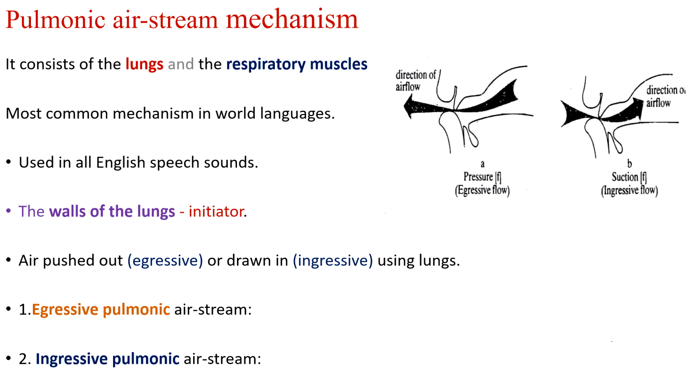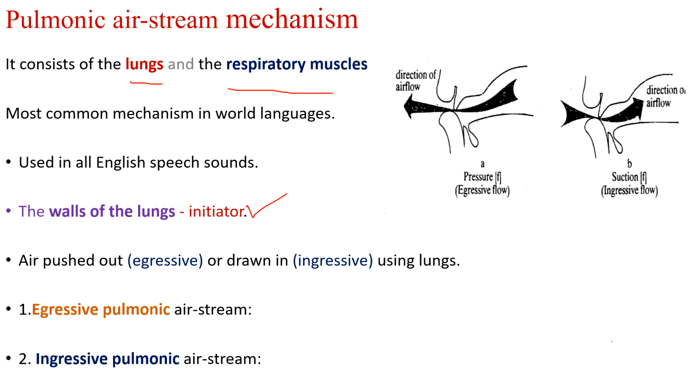Let's see the first type of airstream mechanism, the pulmonic airstream mechanism. It consists of the lungs and the respiratory muscles. It is the most common mechanism in world languages, as I have just told you. The walls of the lungs act as the initiator.